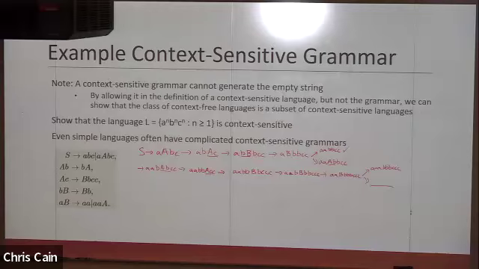We can see exactly how and why this is doing it. This is complicated. I don't expect people to be able to come up with this given the limited amount of time that we have. But it's pretty cool, but also recognize there's quite a bit of complication there for a relatively simple language. All we're doing is scanning back and forth between a string, but how that grammar comes to be is there's quite a bit to that.